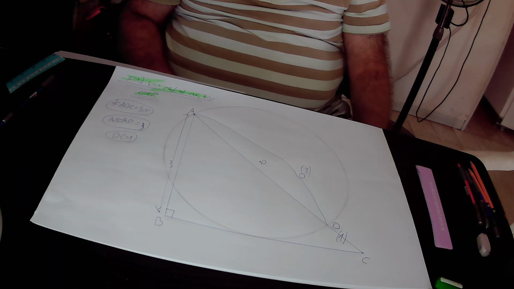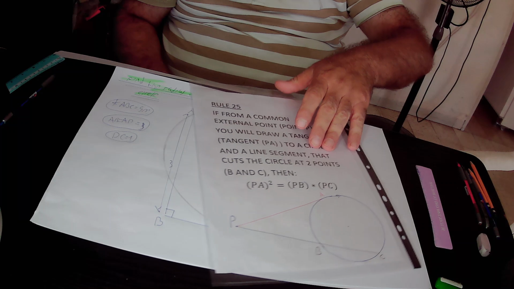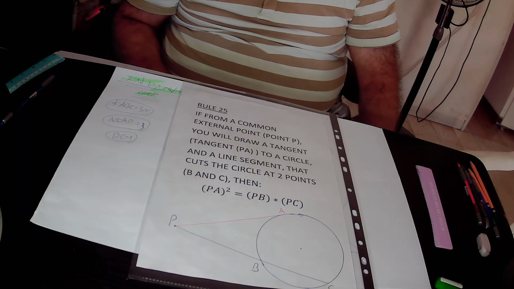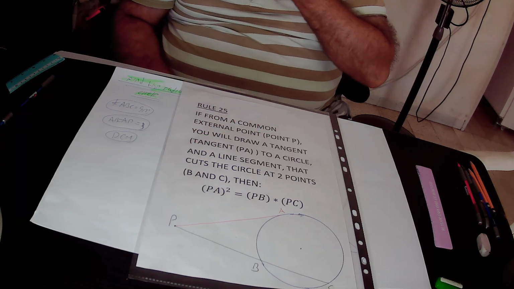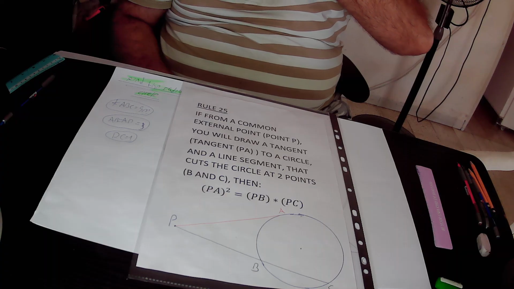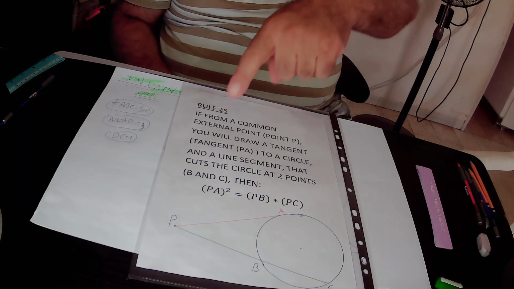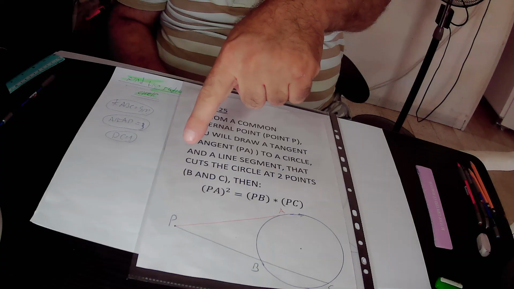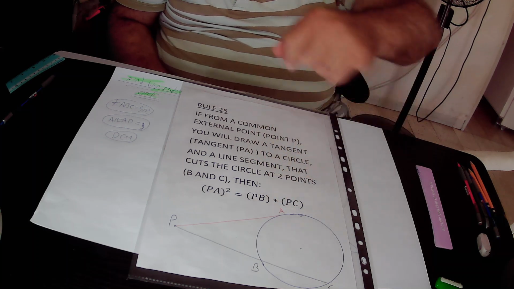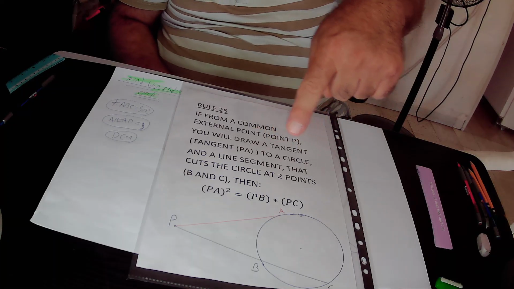So here we can implement rule 25. Rule 25: if from a common external point, point P, you draw a tangent PA to a circle and a line segment that cuts the circle in 2 points, B and C, then the following equation is true: PA square equals PB times PC.